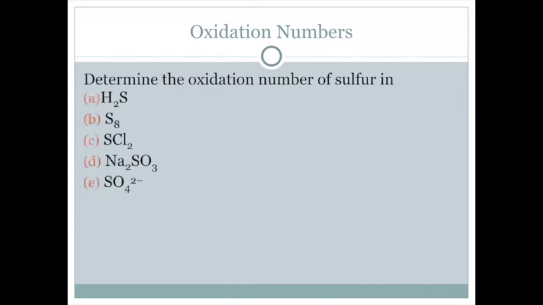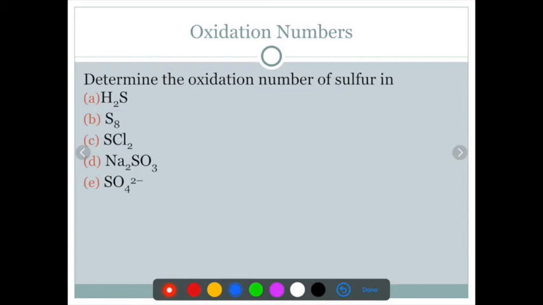Okay, so first we have H2S. So we want to know what is the oxidation number for sulfur. Hydrogen has a positive one when it's combined with nonmetals and a negative one when it's combined with metals. So here, sulfur is a nonmetal, and so it's going to be a positive one. Positive one, and there's two of them, so times 2.